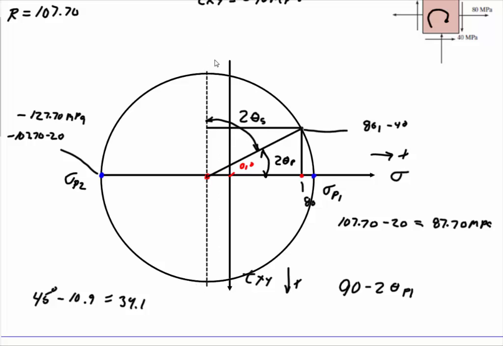So the maximum shear at this point right here is going to be really what the radius is, and this would be negative, so this would be negative 107.7 megapascals. Again, it's just the radius. This value here is going to be 107.7 megapascals.